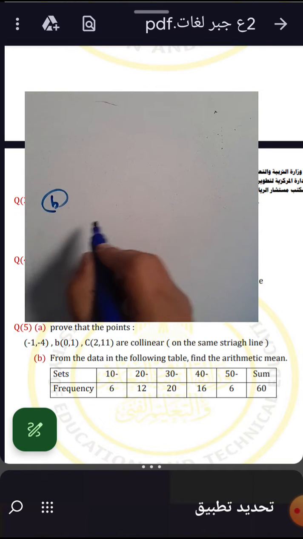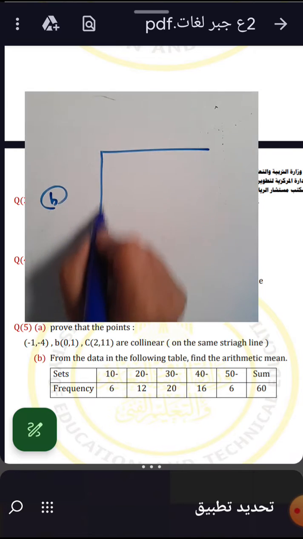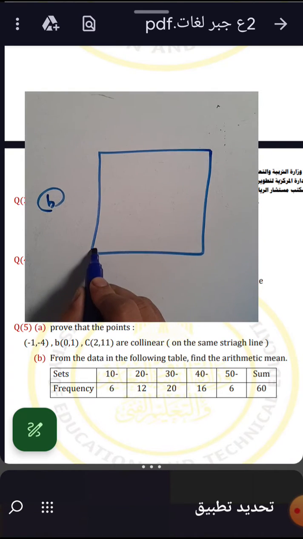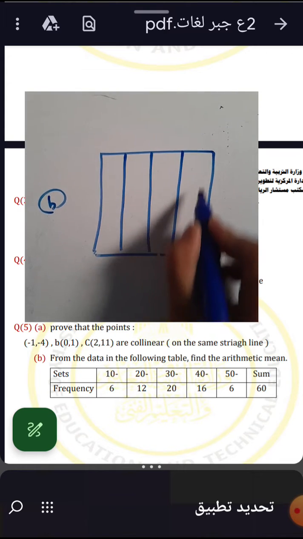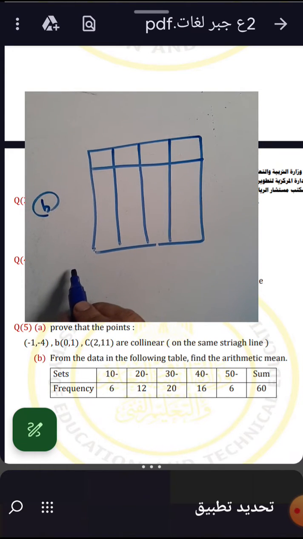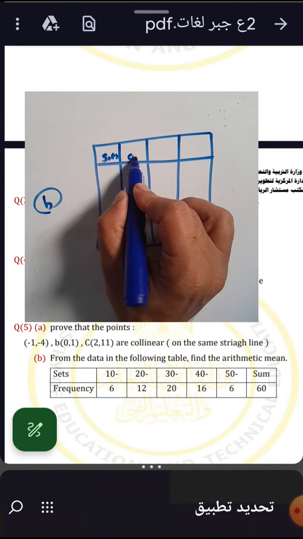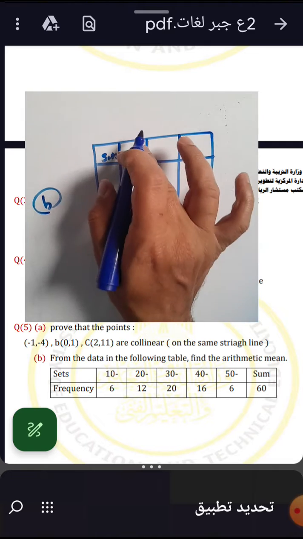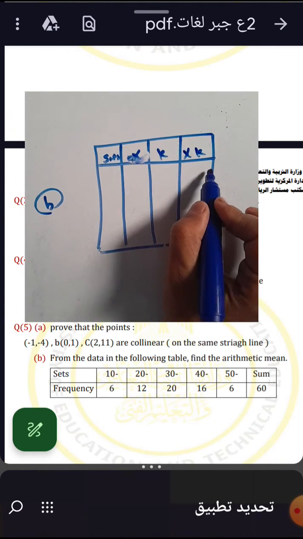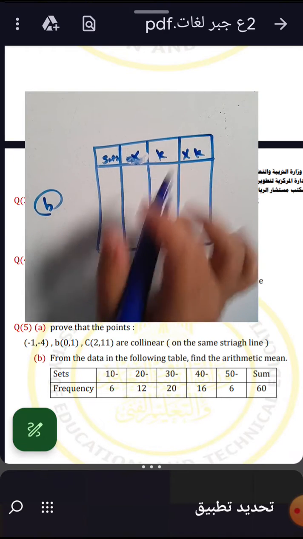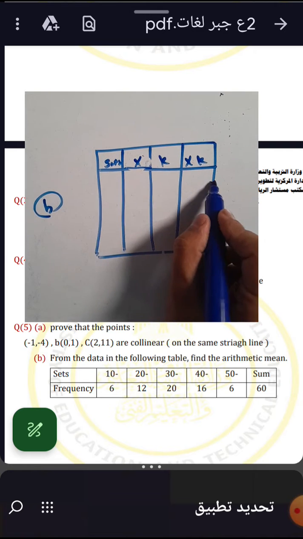Question letter B. From the data table, find the arithmetic mean. We can draw the table here and divide it into 4 parts. First, the sets and center. Put x here and k, and the product between x and k. Okay. You have frequency, and x refers to the center of the sets.